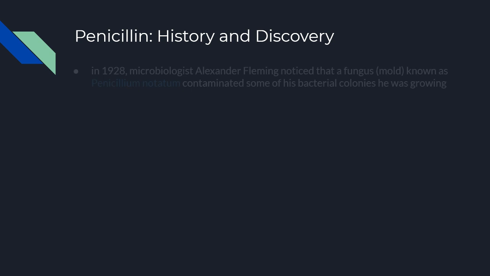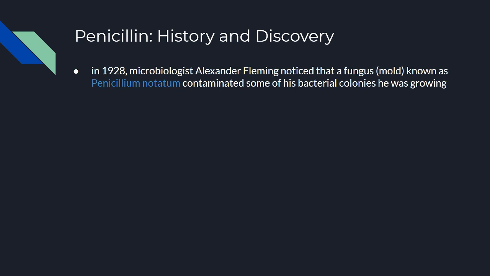History and discovery. In 1928, microbiologist Alexander Fleming noticed a fungus, a mold, known as Penicillium notatum. Notice how Penicillium notatum is the species that creates penicillin.